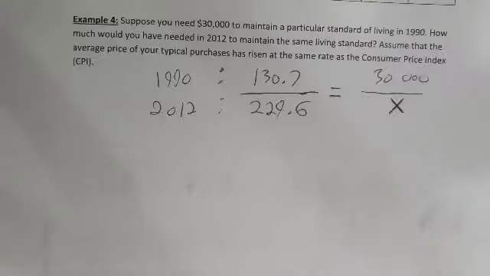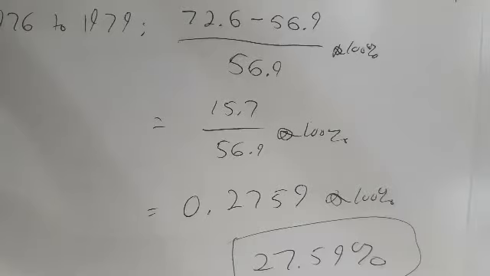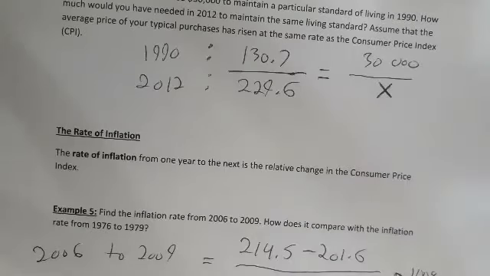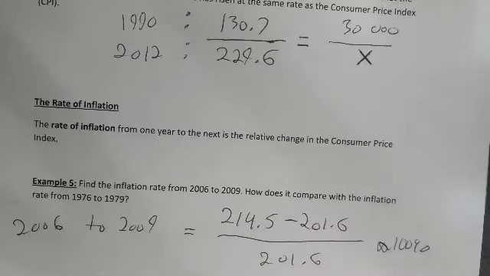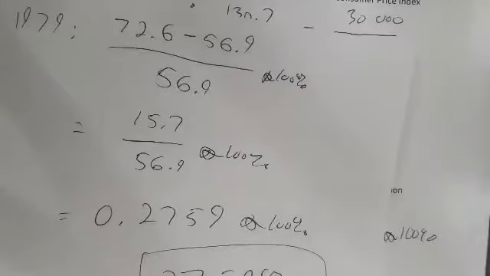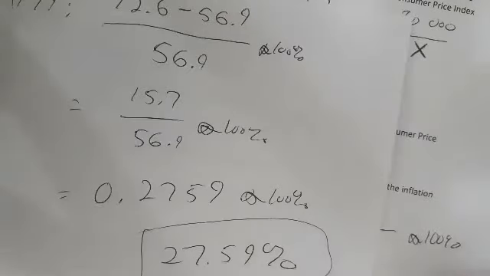When we do relative change, when we do rate of inflation, that is a percentage. The CPI, we don't put a percent on, but it is a percent. So keep track of the format these things are in, but we are talking about 27.59 versus 6.39.